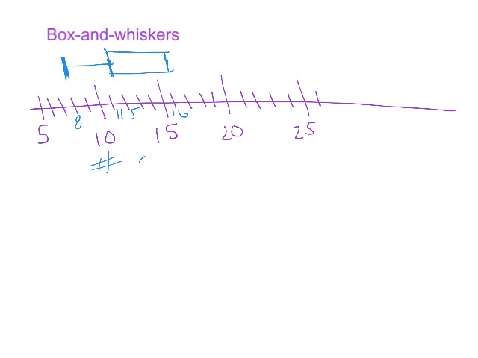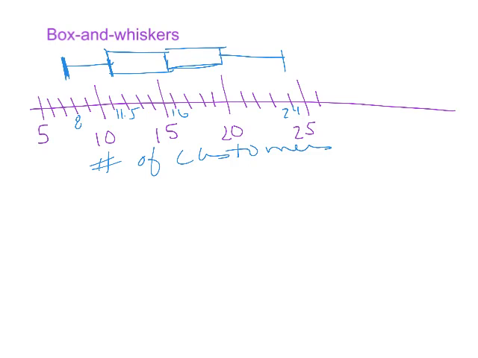And this is the number of customers. Here's our data. 20 is going to be our Q3. So there's our middle 50%. And then the highest is 24 customers. So there's the end of our box plot, or box and whiskers.